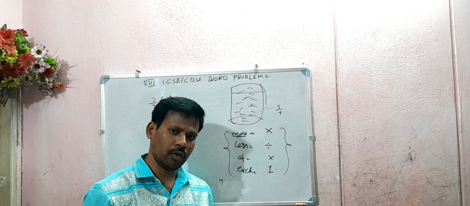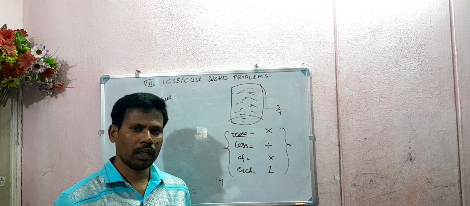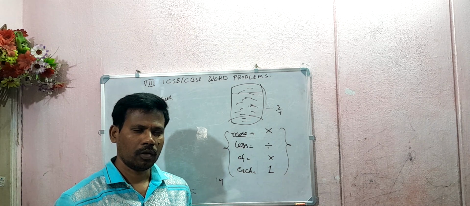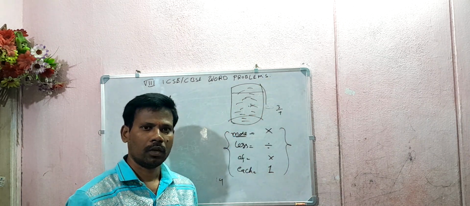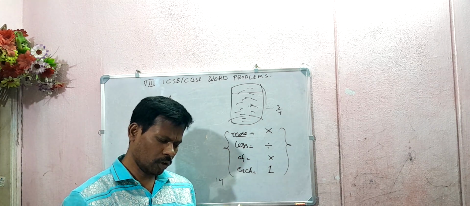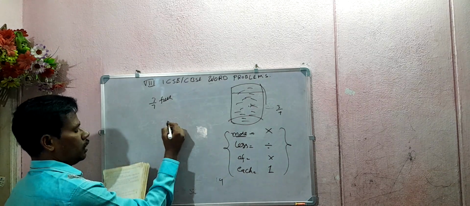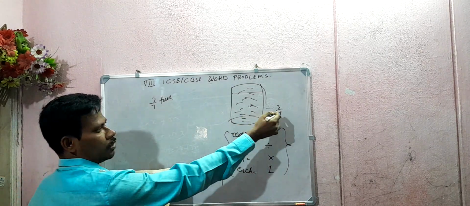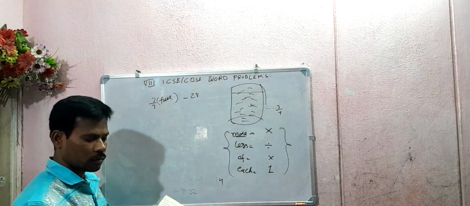Just tell me, when you remove water, what happens? Water will increase or decrease? Some water is there, you are pulling some water from that. Water will be decreased. So 28 liters of water are drawn from it. In that 3 by 7 full, 28 liters is drawn.